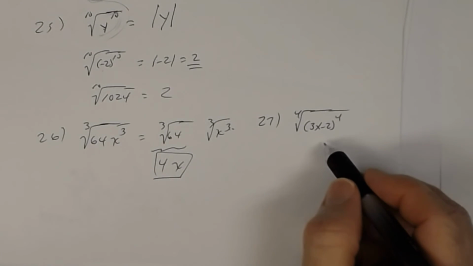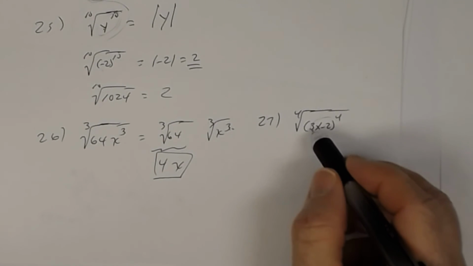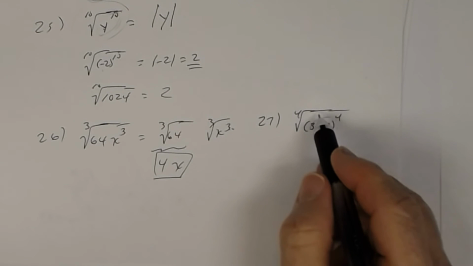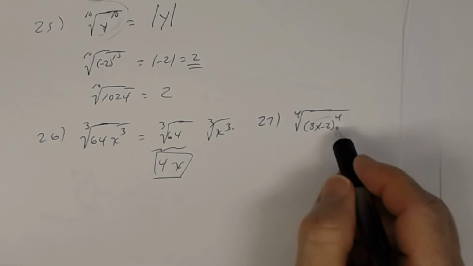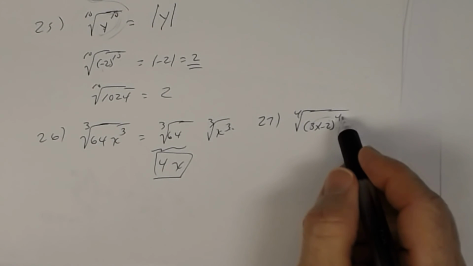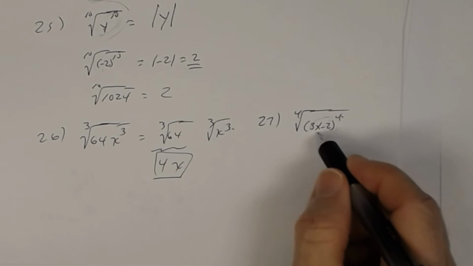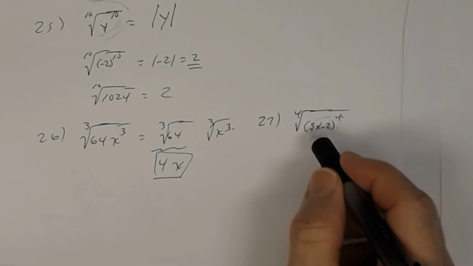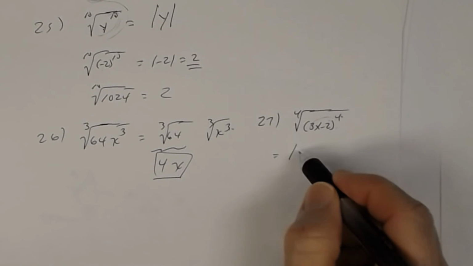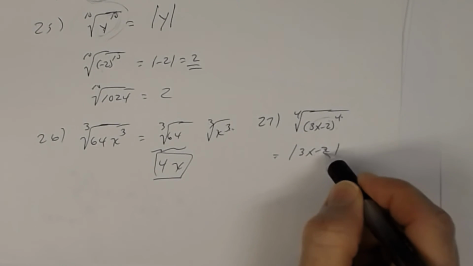What do you think that is? Is it 3x minus 2, or is it the absolute value of 3x minus 2? They're even, because remember, if this is negative, raised to an even power, that has to be positive. And so if you say this, then you're saying it can be negative, and it's not. It has to be positive. So it would be the absolute value of 3x minus 2.